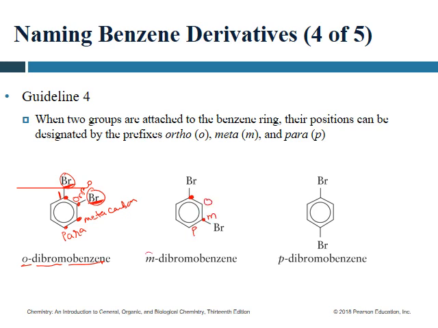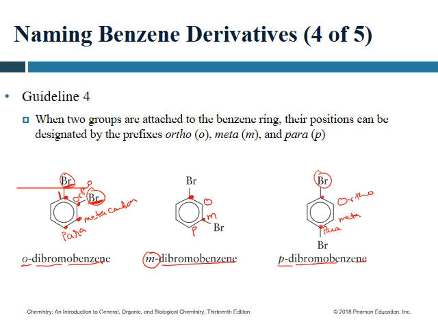So that's why this is meta dibromo benzene. Over here is ortho, meta, and this is para. So we can write on the para position you have bromine also, so it's para dibromo benzene.